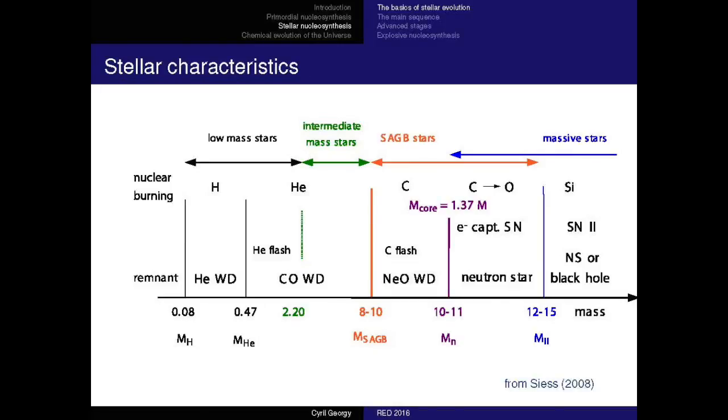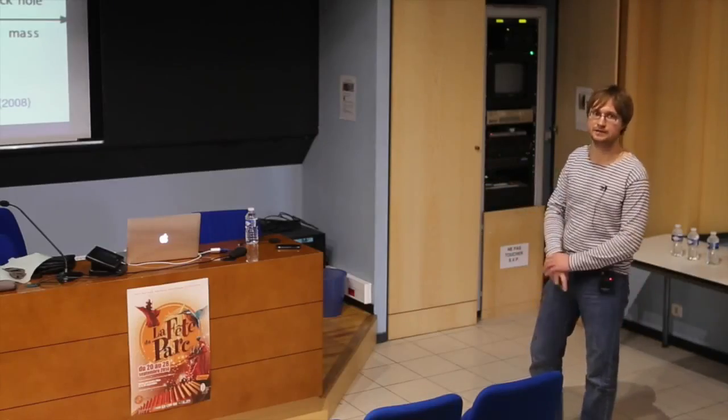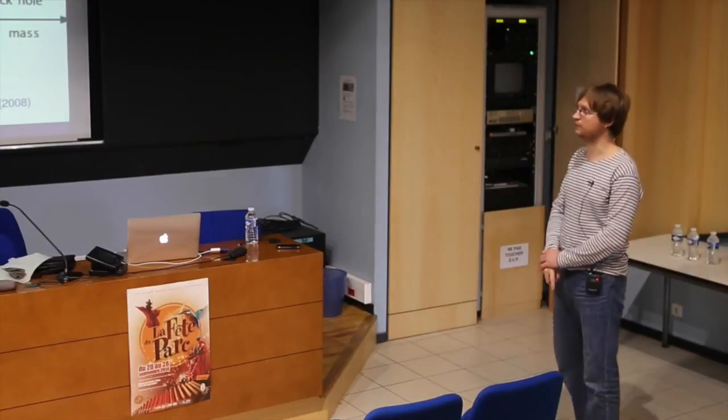This is the minimal mass to be a star. If you have less mass than this, you will not be able to ignite hydrogen burning, and you will be a brown dwarf if you are close to this value, or a planet if you are at a still lower value of mass.